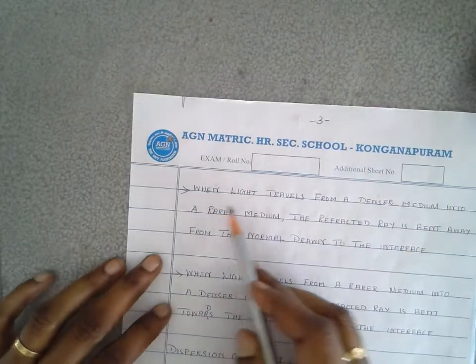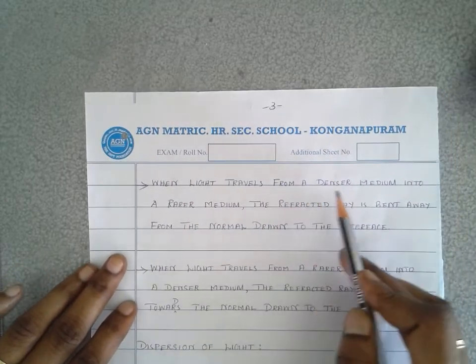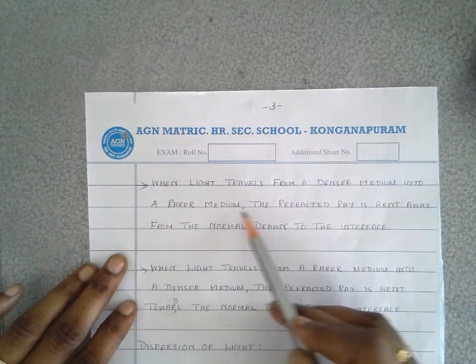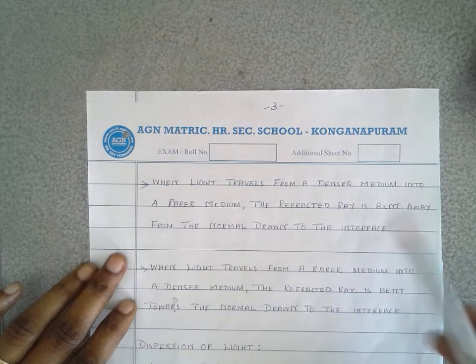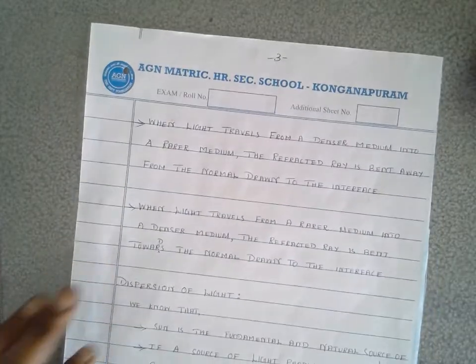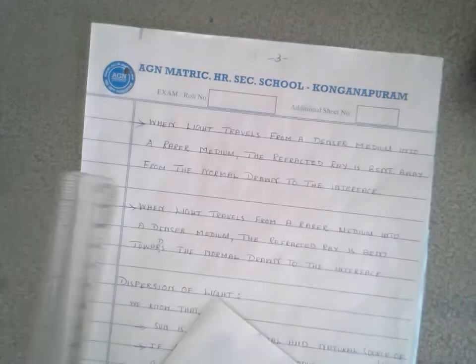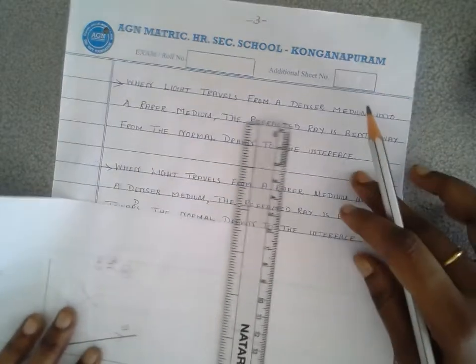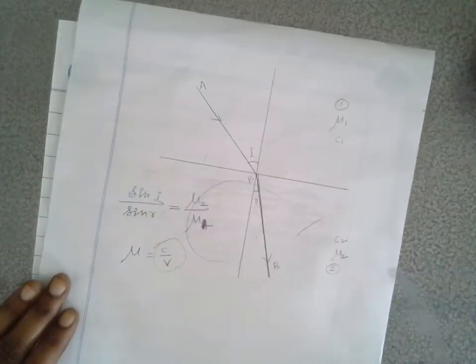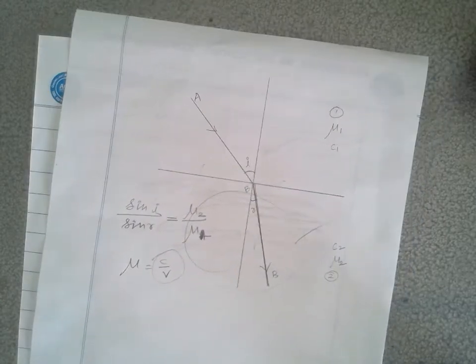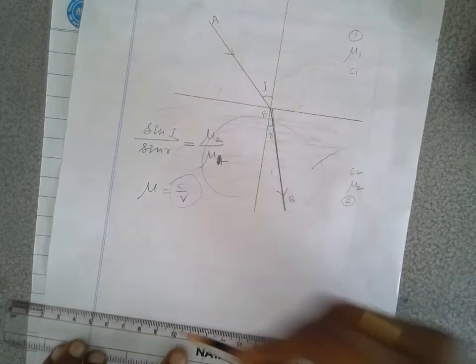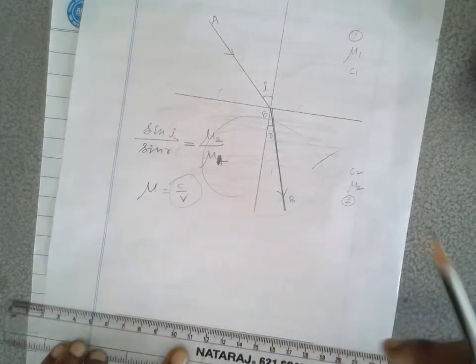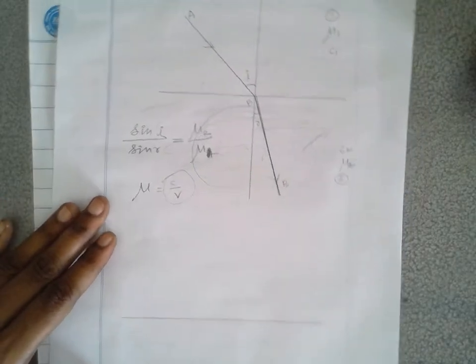When light travels from a denser medium into a rarer medium, the refracted ray is bent away from the normal drawn to the interface. I think you already have an idea about the interface between the two mediums. This is the interface between two mediums.